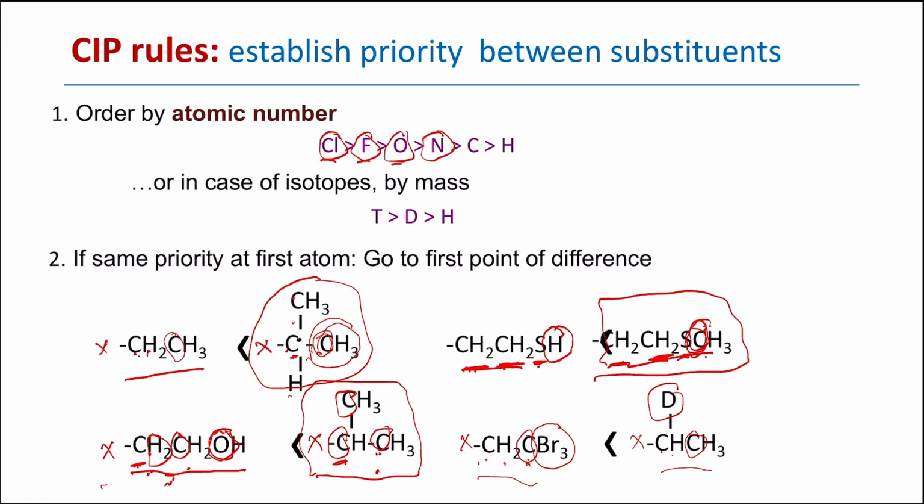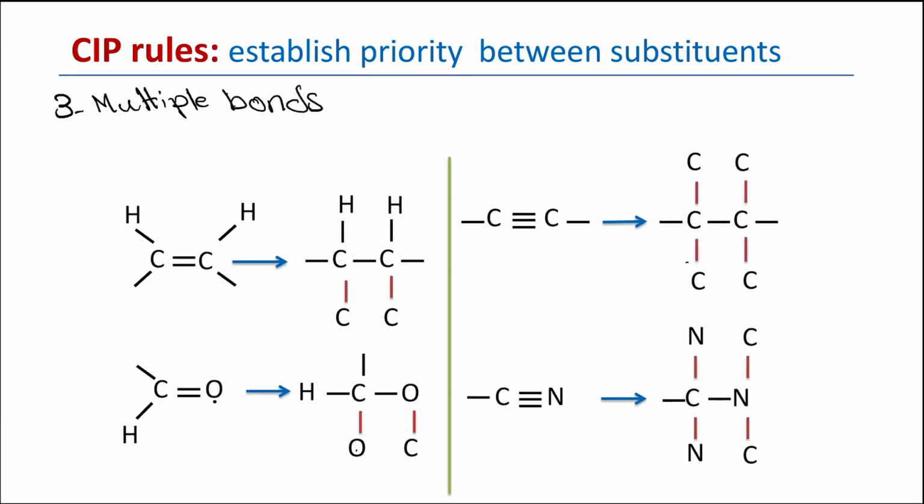The first point of difference will be this deuterium, because on this first carbon here, you have two hydrogens and a carbon, but this one has a hydrogen, a deuterium, and a carbon. The carbon and hydrogen are exactly the same here, but the third atom here is hydrogen and here is deuterium, and we said that if the atomic number is the same, then we give priority to the one with the highest atomic mass, which is deuterium.